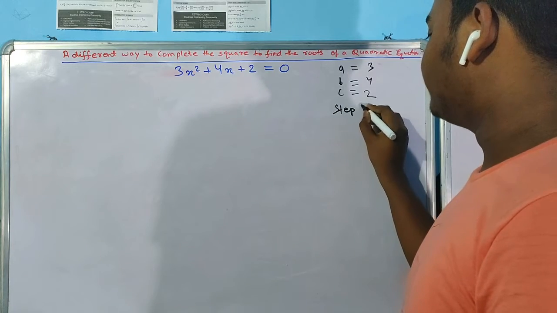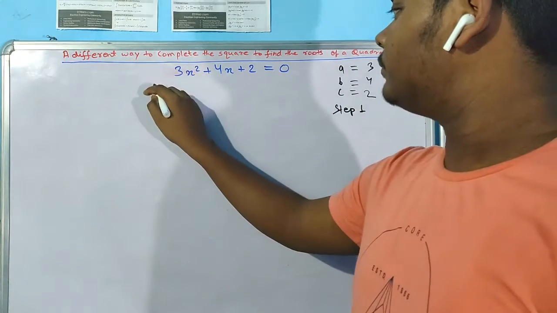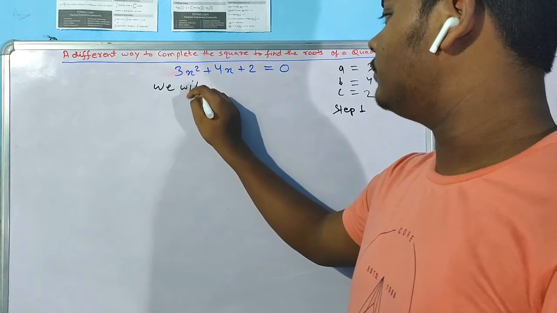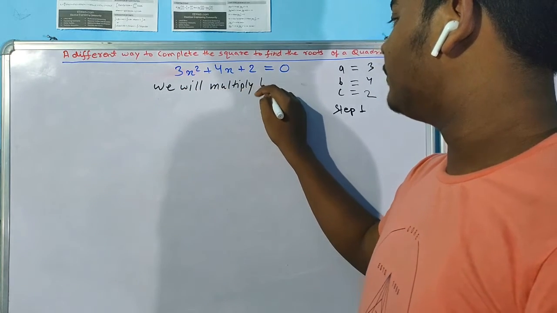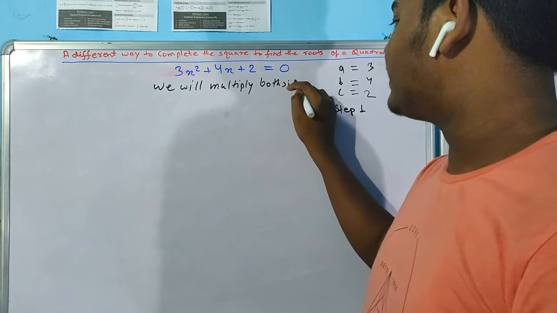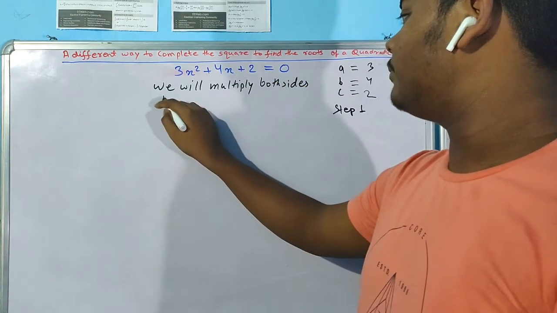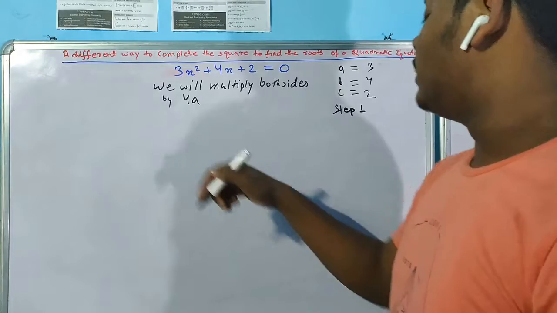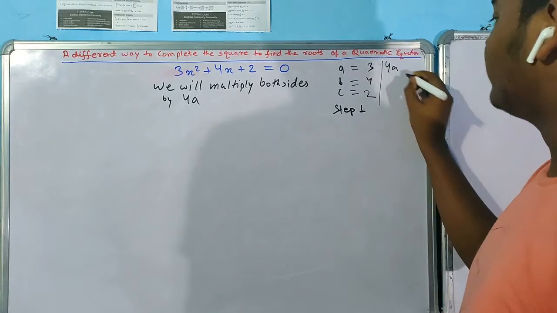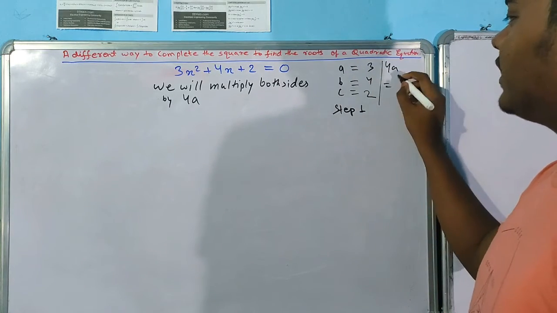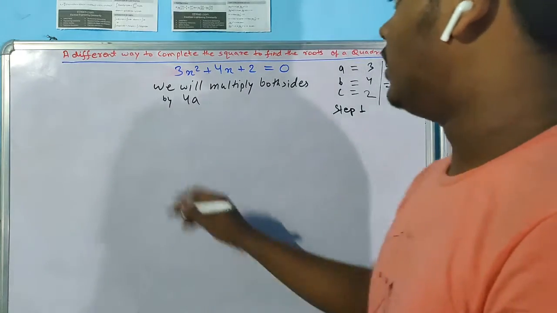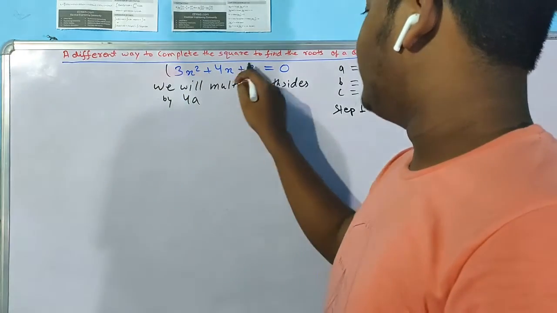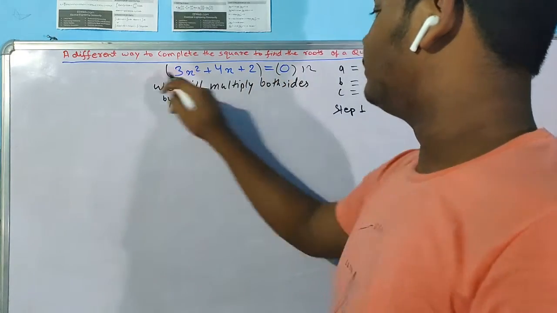Step 1, we will multiply both sides by 4a. What is 4a? a is 3, so 4 into 3 is 12. So we will multiply both sides by 12.